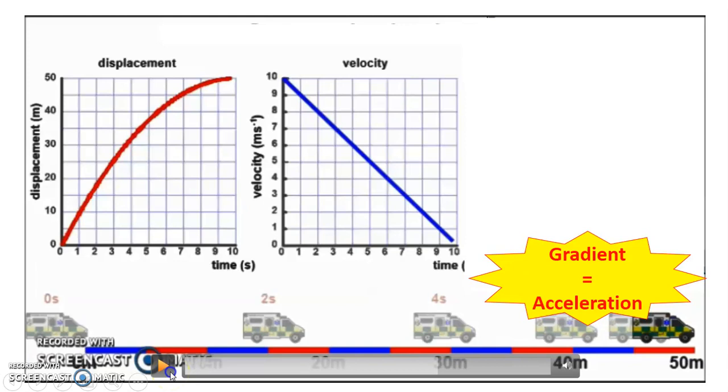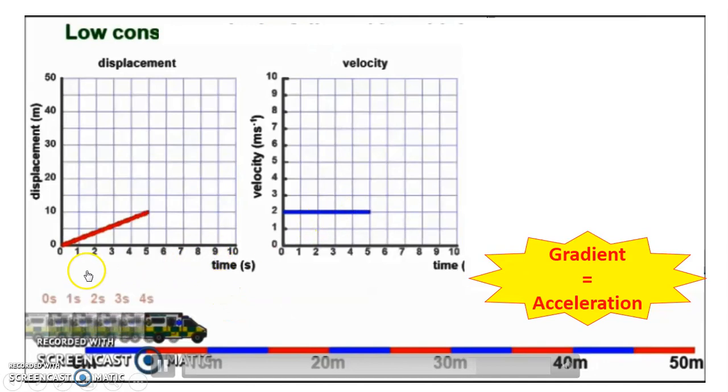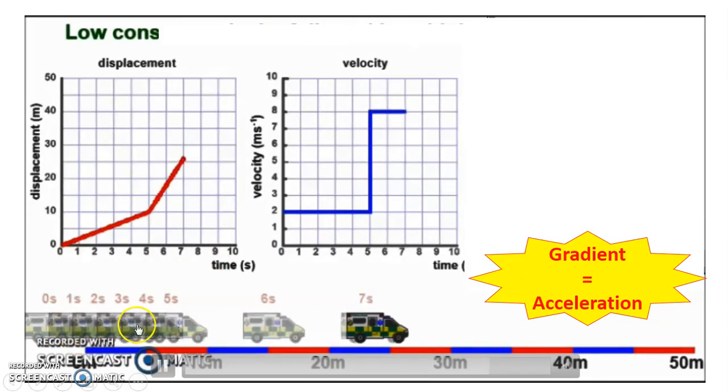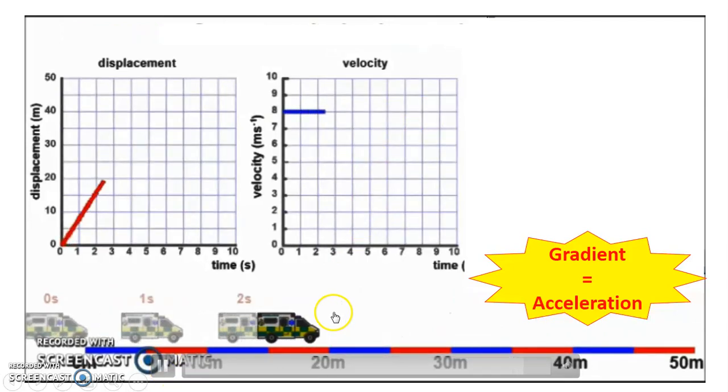Just more interesting examples. You can see what's happening here. The truck goes from a low speed to a higher speed. In the distance time graph, this is a lower speed and then a higher speed because of the gradient. Initially it's a lower speed to a higher speed, and the same thing applies for the speed time graph.